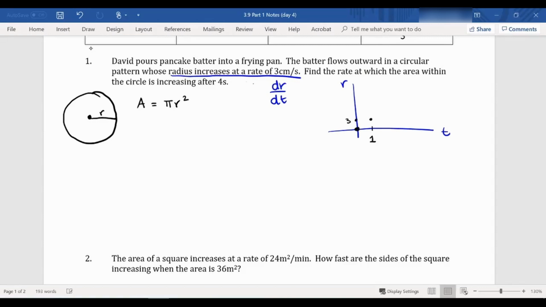So now my radius would be 3. And after 2 seconds, my radius would have gained another 3 and it would now be 6. And after 3 seconds, my radius would now be 9. And so if I look at a graph of radius versus time, the slope of that line would be 3 over 1, 3 centimeters per 1 second.